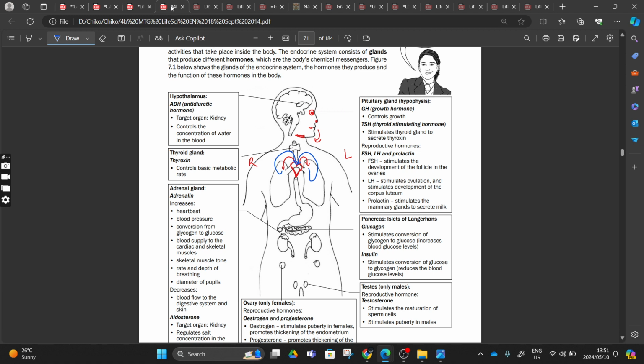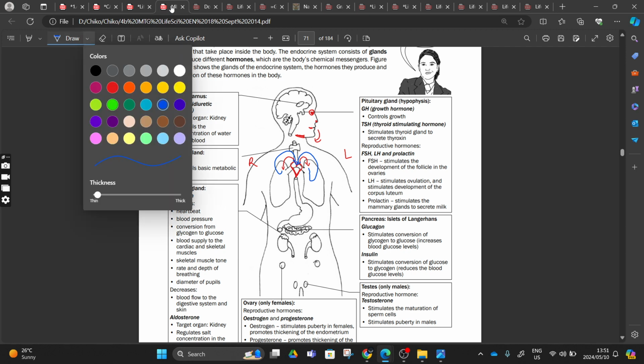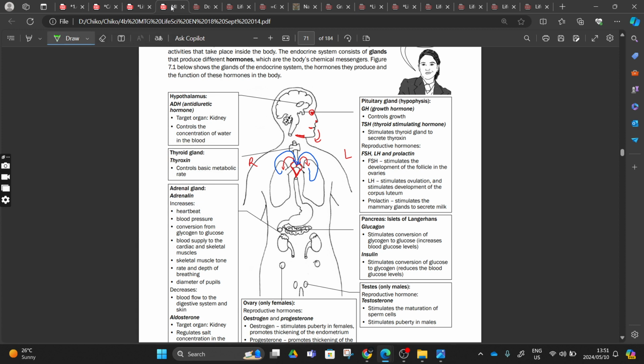So let's move on. We learned that we also have another blood. This blood here is bringing the used blood from the skull, right? And this is the superior vena cava, right? We also have another one bringing the used and the clean.